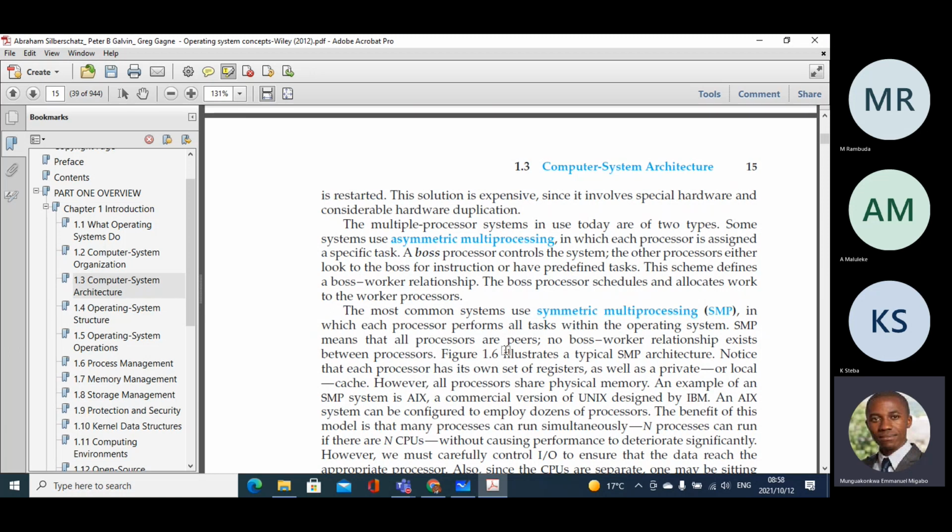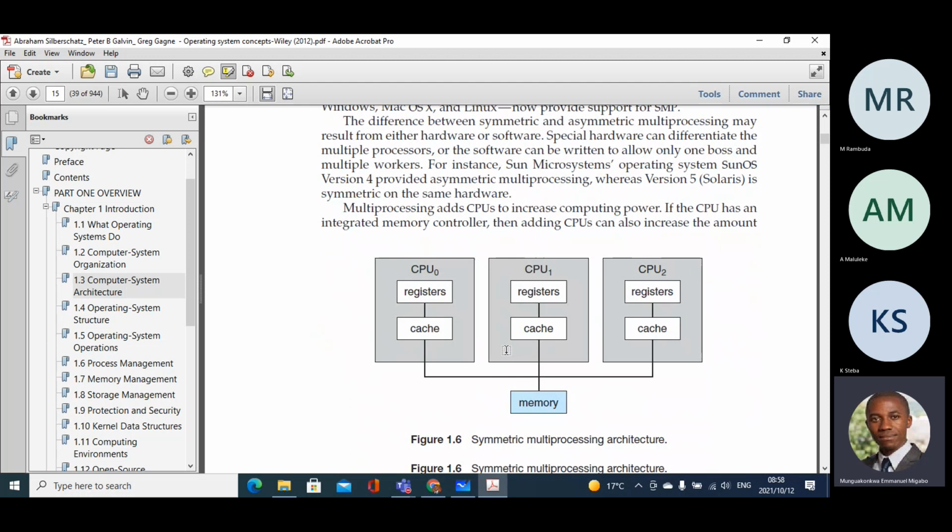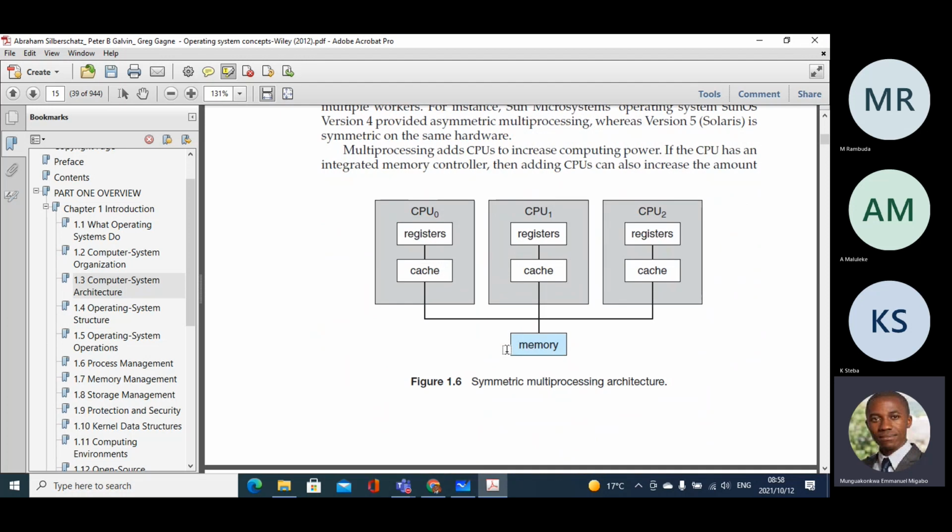The alternative is what we call symmetric multiprocessing, or SMP, in which each processor performs all tasks within the operating system. So the tasks can be shared among processors. I will conclude there for today. The picture in figure 1.6 shows a symmetric multiprocessing architecture.